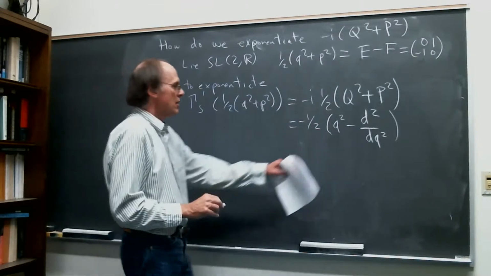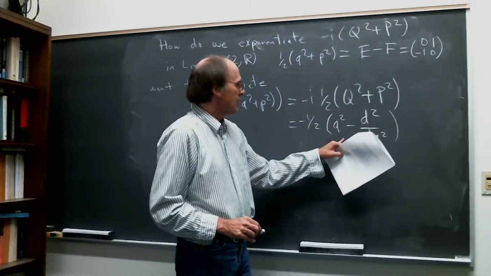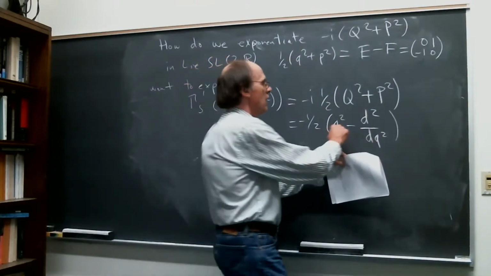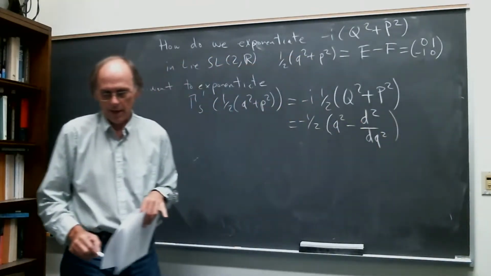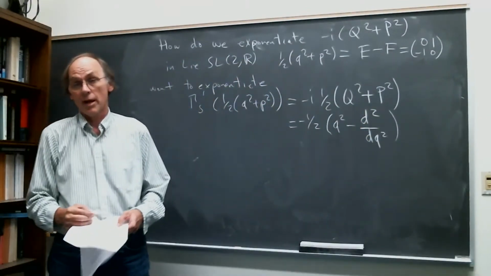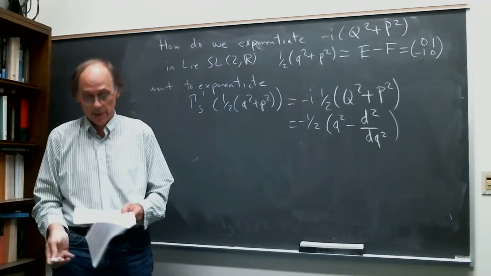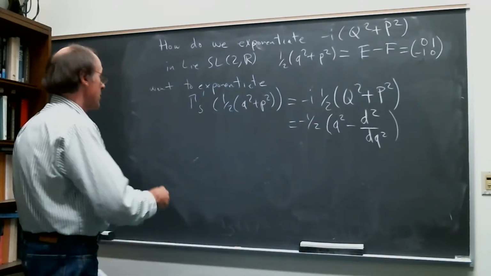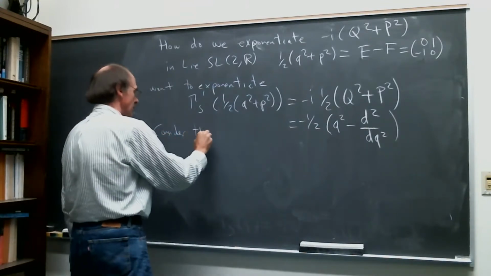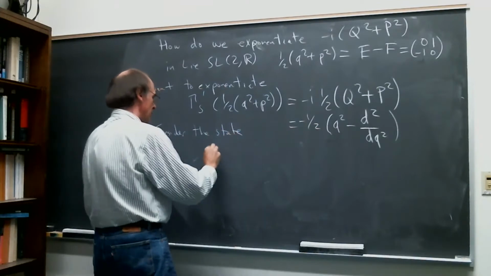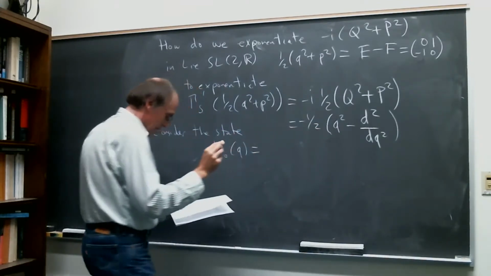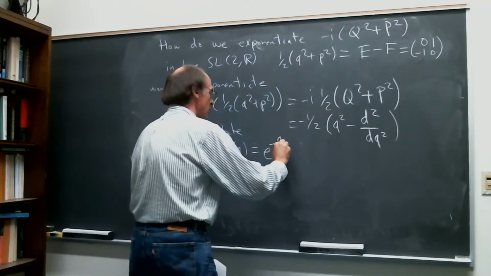So let's look for eigenfunctions of this thing, and then on eigenfunctions of this, we'll know how to exponentiate. We don't know how to exponentiate the operator in general, but we can exponentiate it on an eigenfunction. So consider the state psi of q, which is e to the minus q squared over 2.